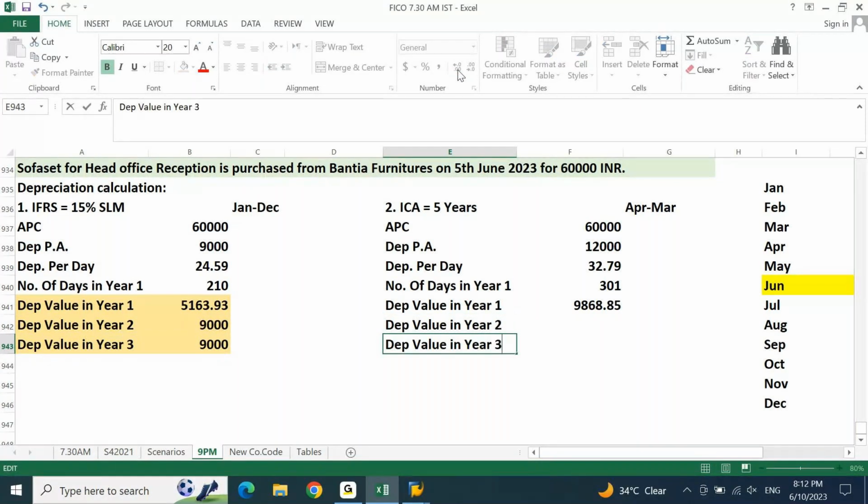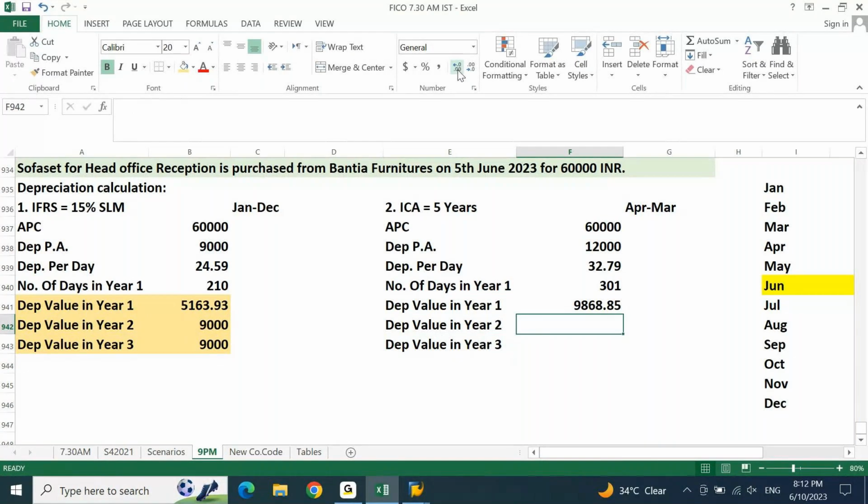How much we are going to get in year 2 and year 3? 12,000. You have to receive 12,000 here, you have to receive 12,000 here, correct? We need to receive 12,000 for both second year and third year. From here onwards, every year it will be 12,000 until your asset becomes 0. Until the asset value becomes 0, or until you are going to retire the asset. Clear with these calculations?